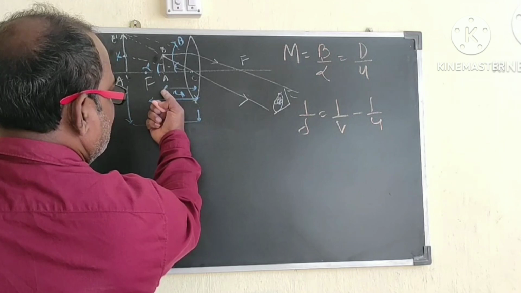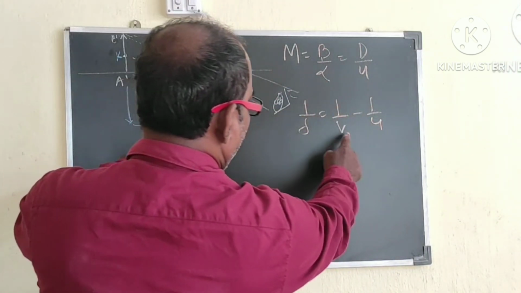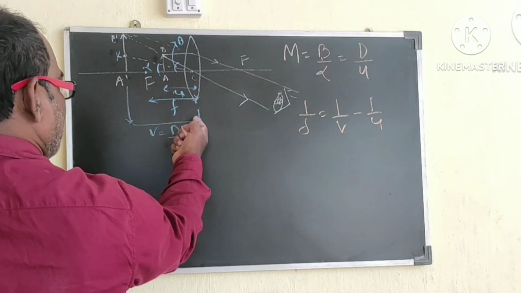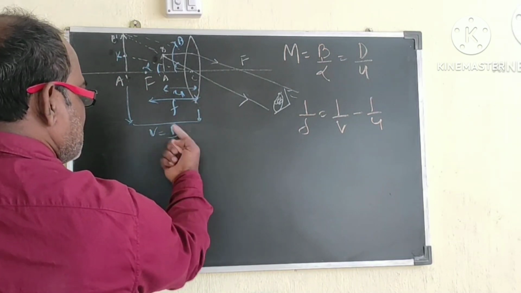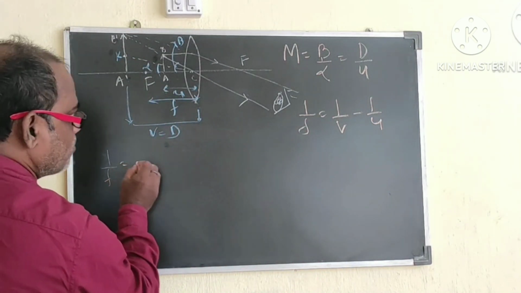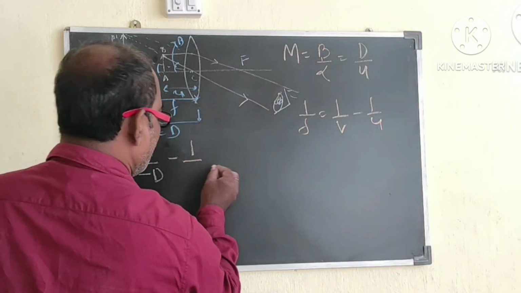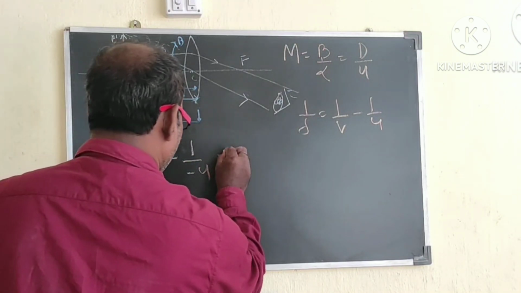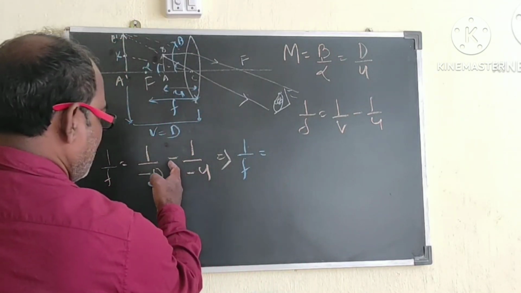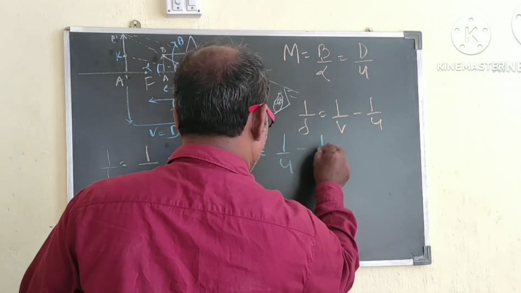It will be minus U. So instead of U we can put minus U, and V is taken as D, but since again we are calculating the distance from here, it becomes minus D. So finally what we get is 1 by F is equal to 1 by minus D minus 1 by minus U, which implies 1 by F is equal to, minus minus plus, it becomes 1 by U minus 1 by D.